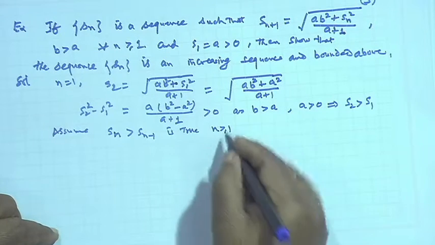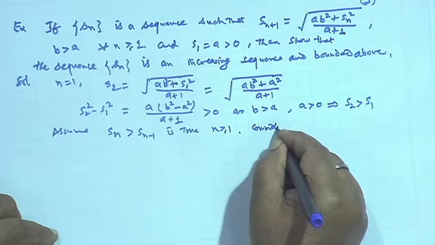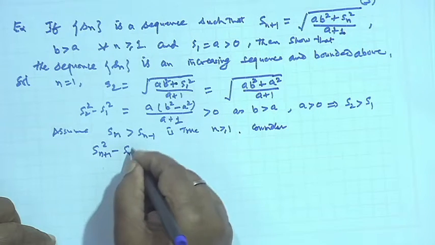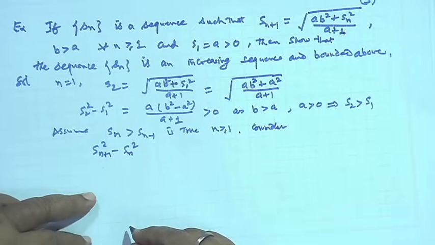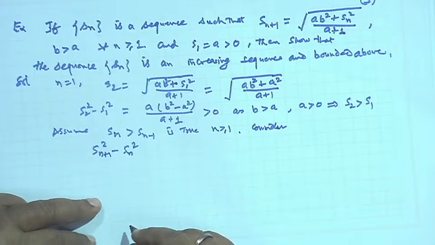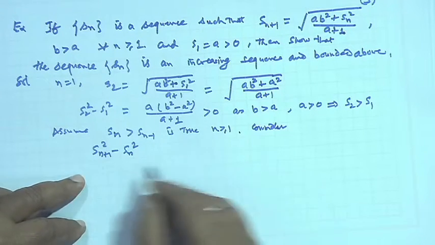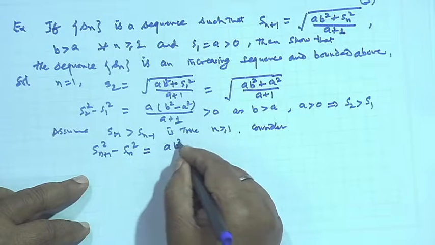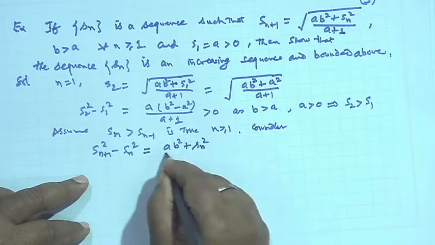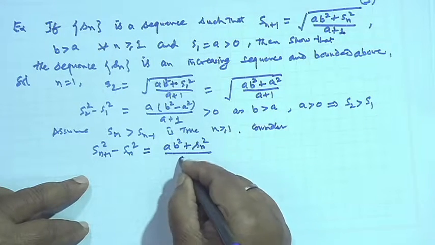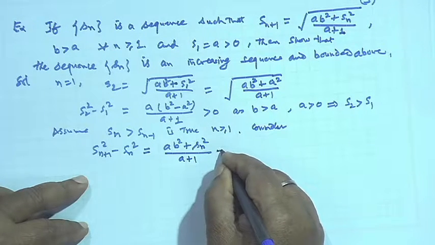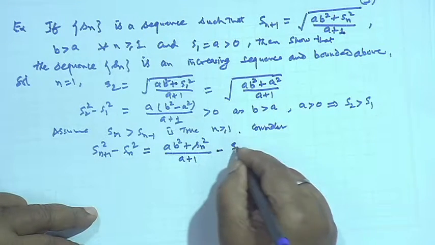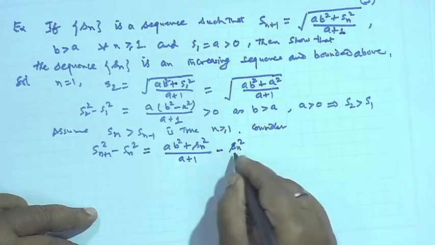Then consider S(n+1) whole square minus Sn square. Now this will be equal to (AB square plus Sn square) divided by (A plus 1) minus Sn square, of course 1.